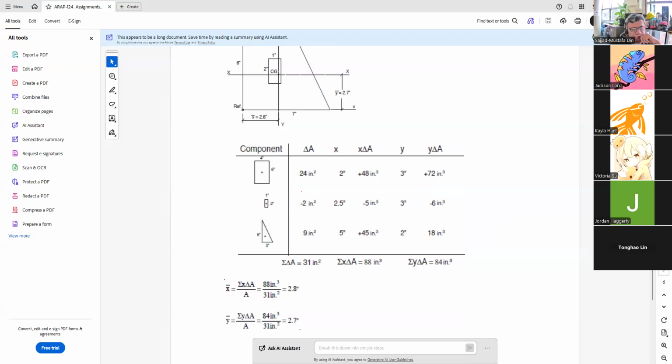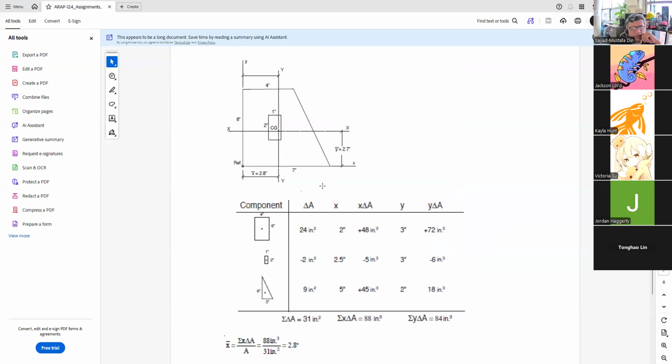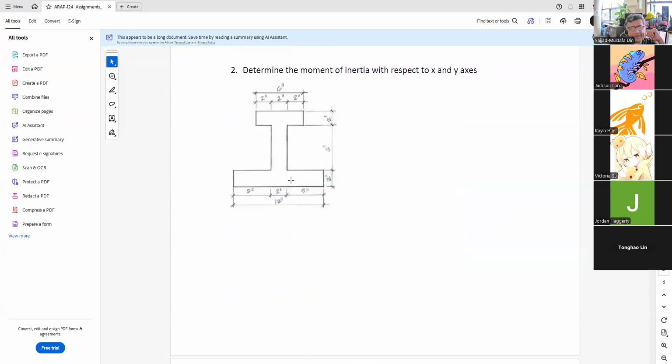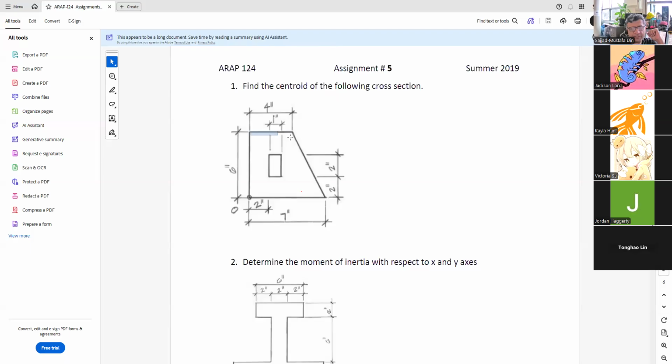I'm sorry, but can you just go over how you found x one more time? Which one? Let's just say x for the component, the 4 times 6. You know that the centroid of such a shape, so this is the shape, right? The centroid is halfway along the x-axis and halfway along the y-axis. So the x-axis is 4 inches. So x is going to be 2.